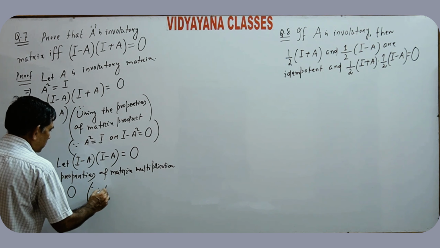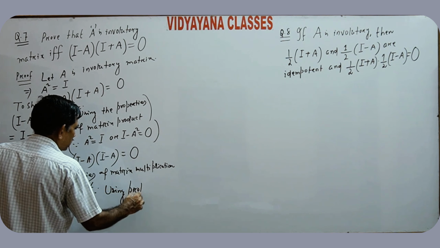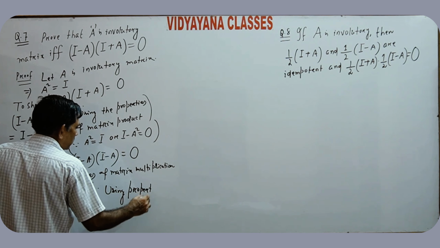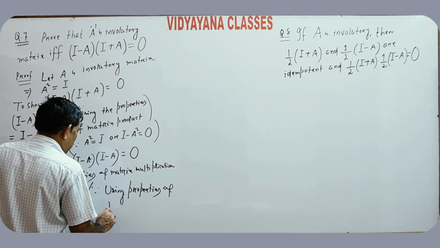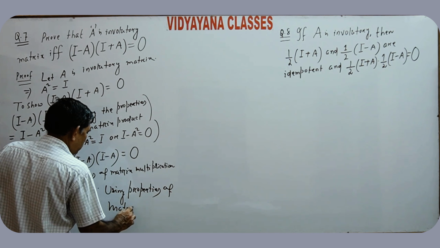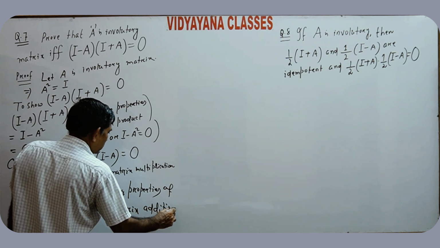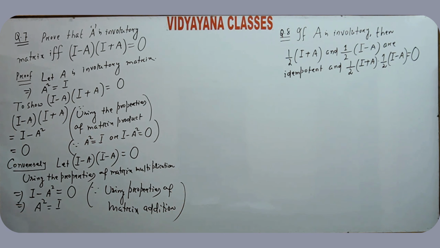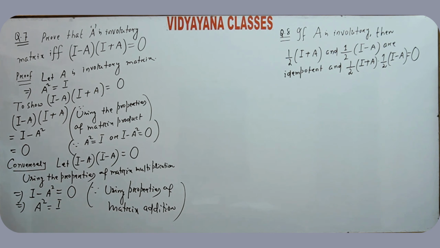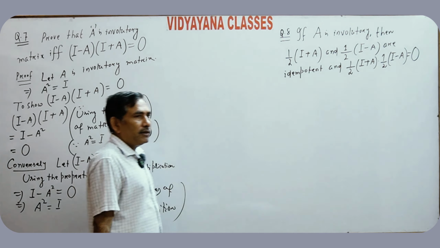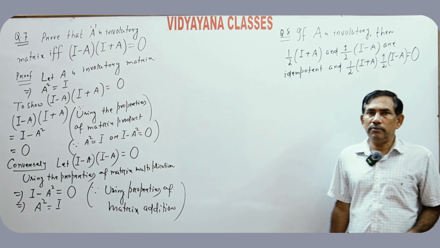Using properties of matrix addition, I minus A square equal to the 0 matrix gives A square is equal to I. Matrix addition is commutative, matrix addition is associative.